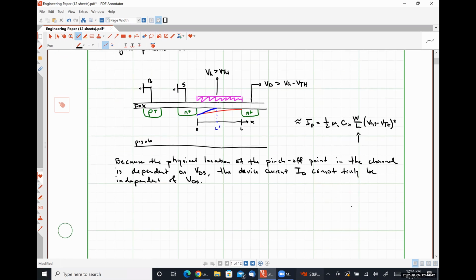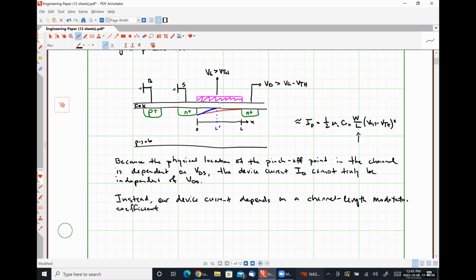So instead, our device current depends on a channel length modulation coefficient, and in my notes from the textbook for this class, they use capital gamma.